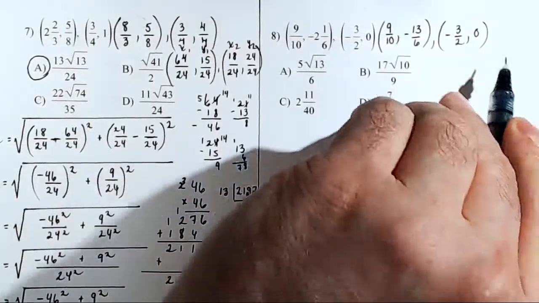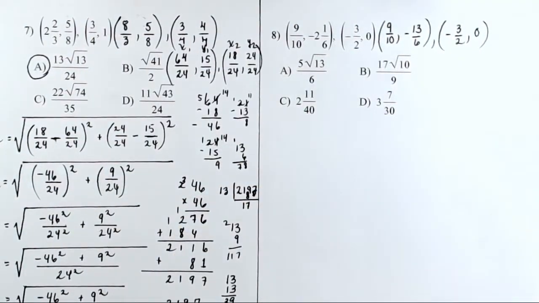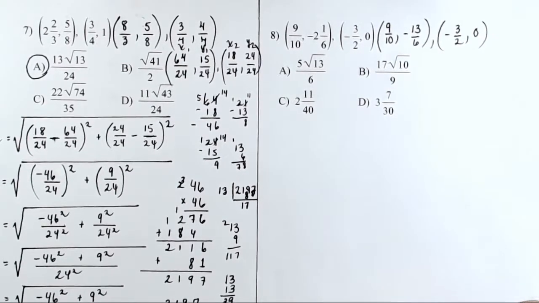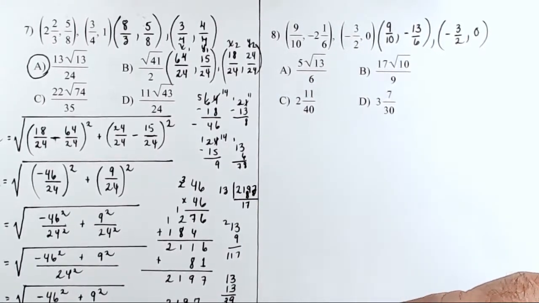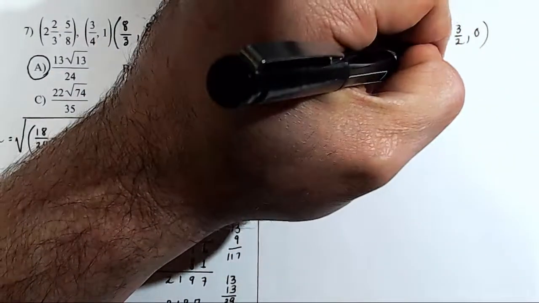And so we need a common denominator. 10, 6, and 2. So I'm guessing it's going to be 30. Yep. So I'll have to multiply 9/10 by 3/3 and -13/6 by 5/5, and then -3/2 by 15/15.